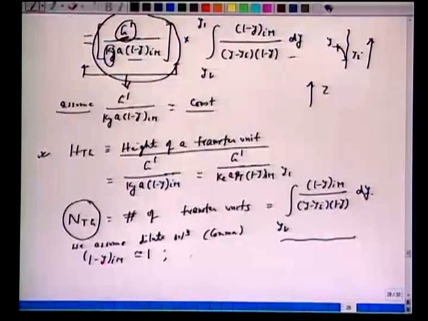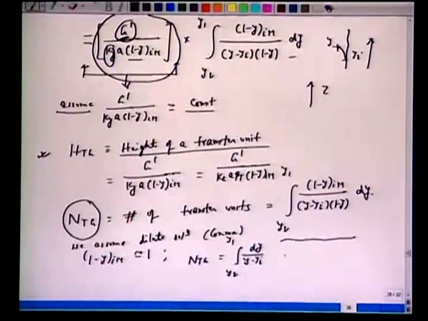and this integral NTG which we have written can be written as integral y2 to y1 dy over (y minus yi) plus half ln of (1 minus y2) over (1 minus y1), and again this quantity is about 1 because y1 and y2 mole fractions are much less than 1.